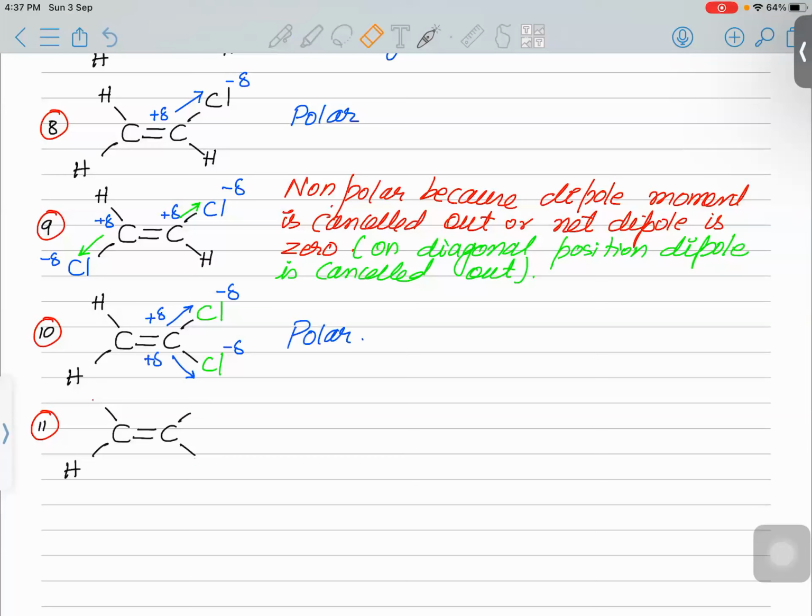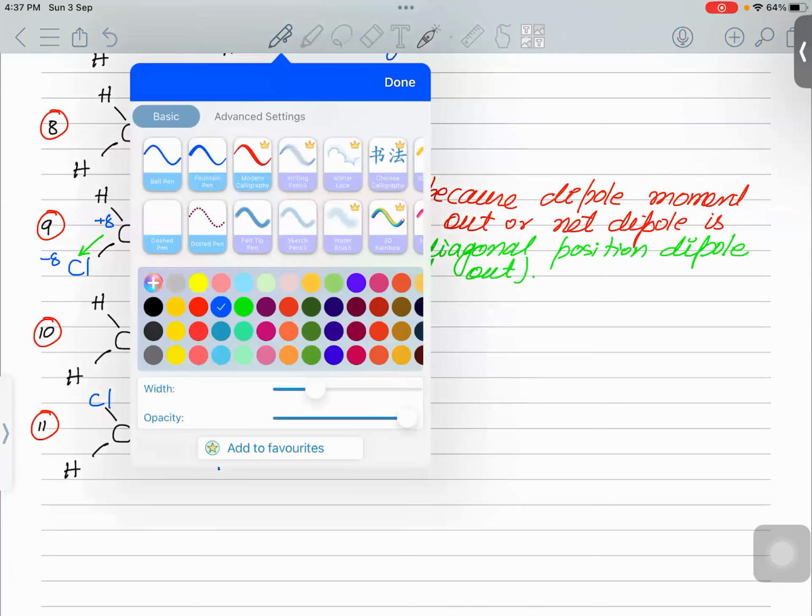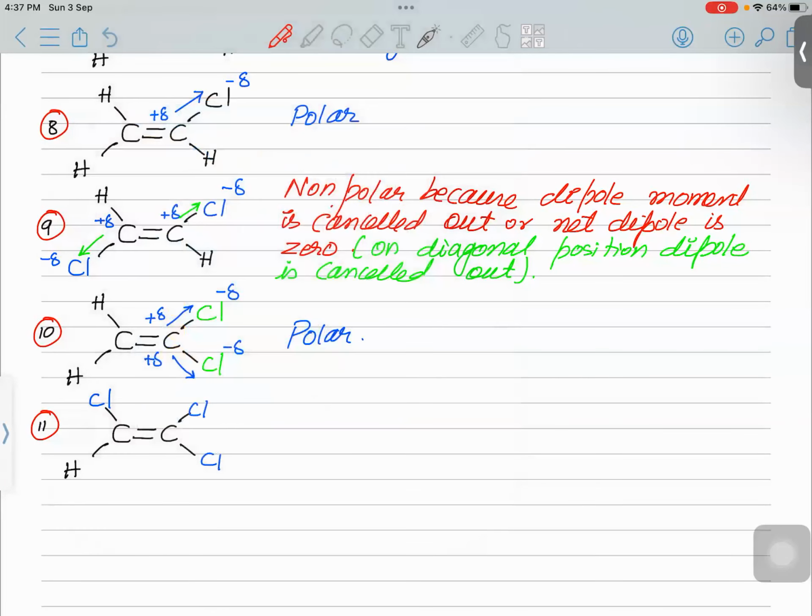Next is chlorine, chlorine, chlorine. Yes, polar, non-polar? Polar.